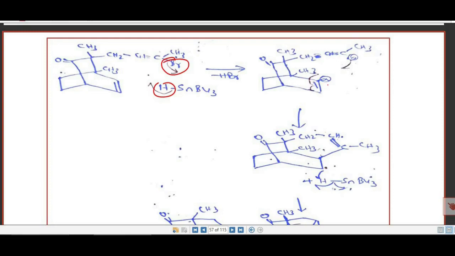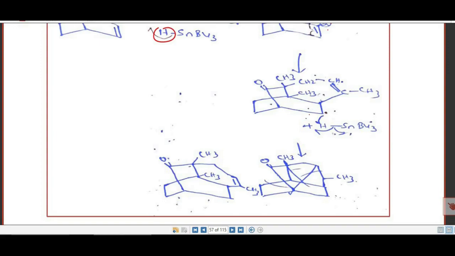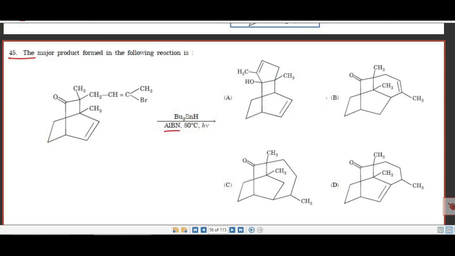Here this double bond shifts here, A and B. A bond is formed between these two and you will get the cyclized product like this. Again on removing this hydrogen, this free radical is stabilized and you will get the product like this. B is the correct answer.